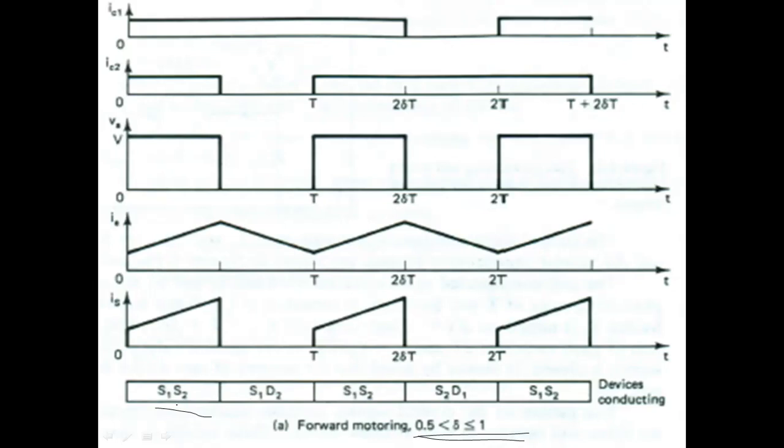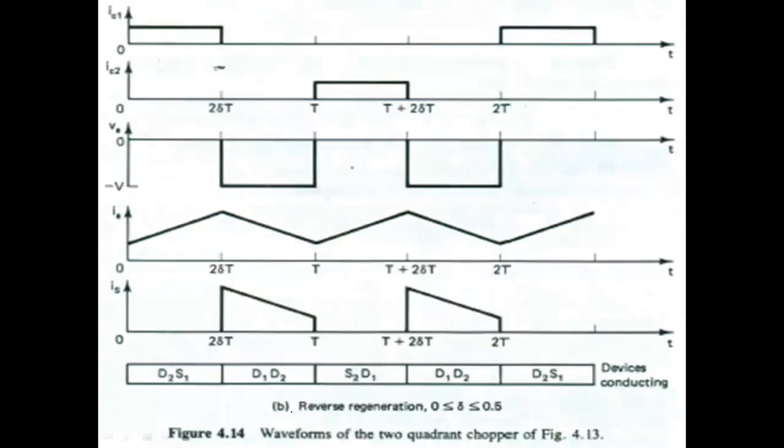Next one, if you go for the interval 0 to 0.5, here reverse regenerative braking will be occurring. From 0 to 0.5, S1 and S2 cannot be closed together. So the output voltage will be either 0 or minus V. So in the first one, forward motoring, we are getting either positive or 0.